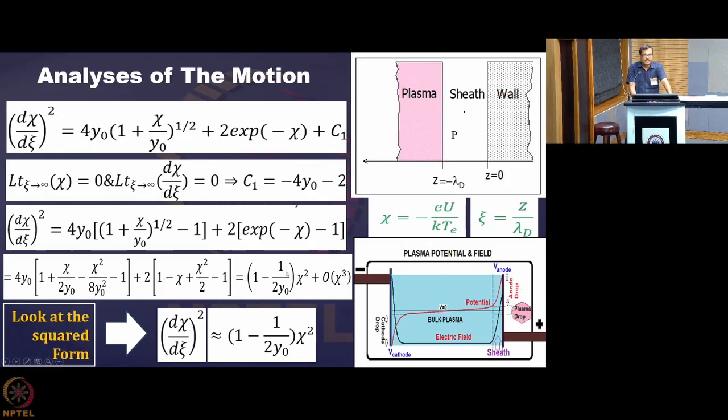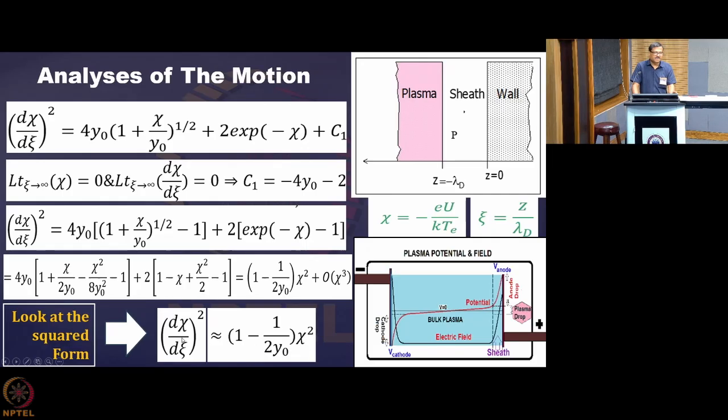When you put this over here and simplify, you can easily see that this is 1 minus 1 by twice y0, chi square, plus terms of the order of chi cube, and chi is small, so we can neglect that. So this square is equal to 1 minus 1 by twice y0 and then chi square. Just note the form: the left side is a square, and the right side has another square.